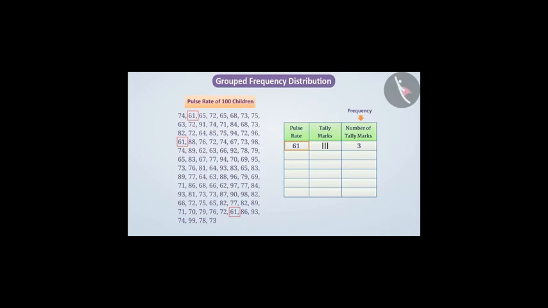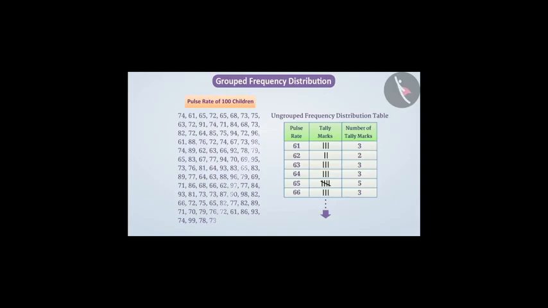For example, the pulse rate of 3 children is 61. We say that the frequency of 61 is 3. By arranging the data in such a way, we get the frequency distribution table. Since data groups are not created here, this is an ungrouped frequency distribution table.